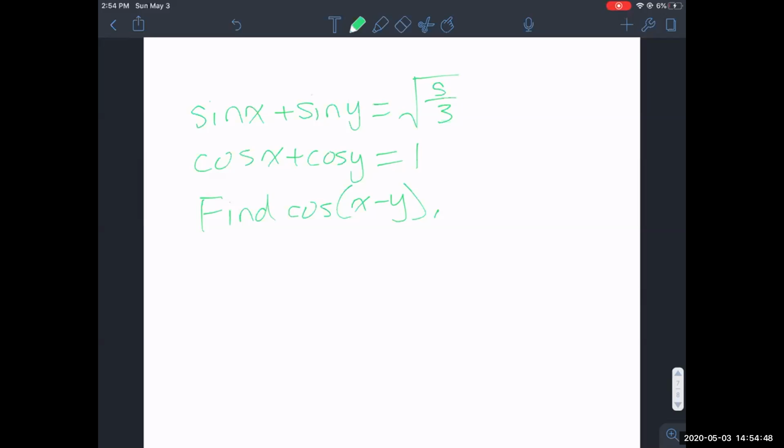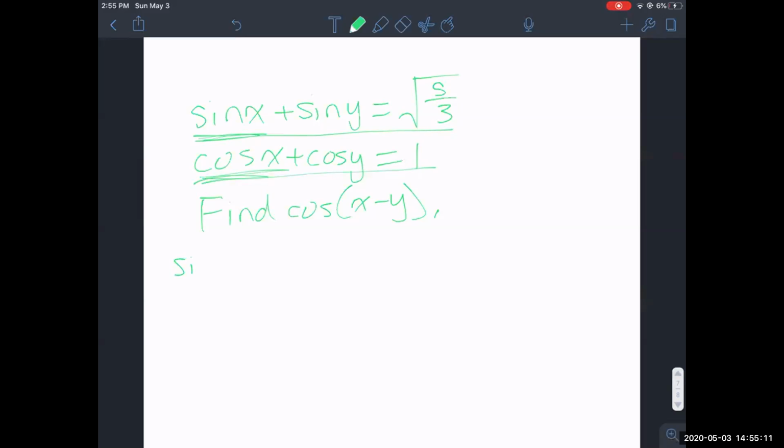All right, the key to this one is thinking about how we can combine the sine x here with the cosine here. A good place to start is to just square both sides of both equations. Generally, the squared forms of sine x and cosine x are the easiest way to get them into a nice form.